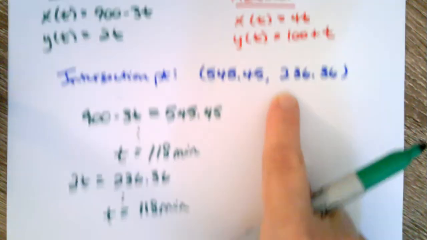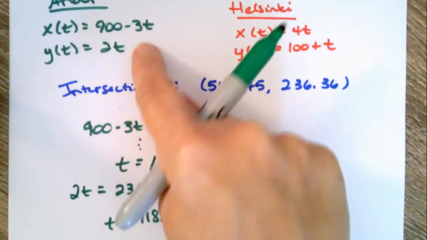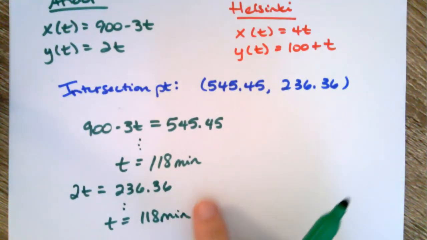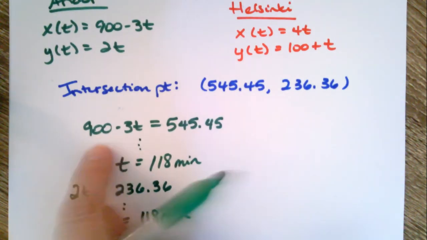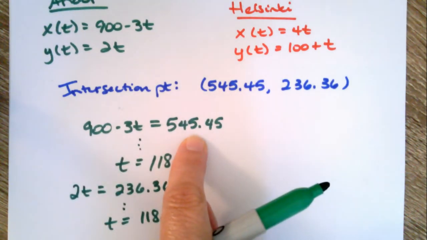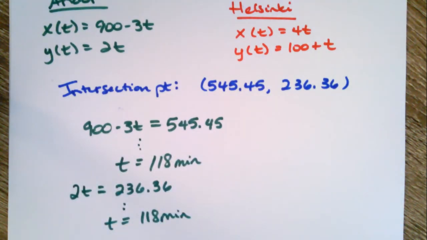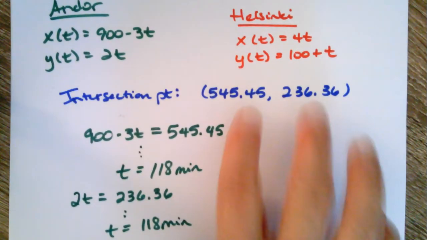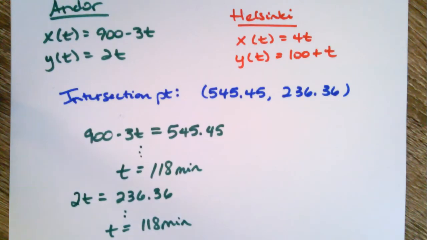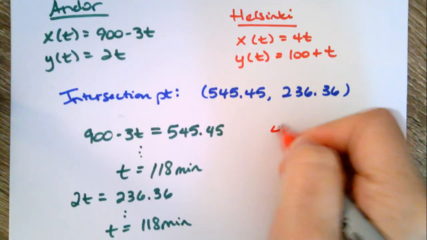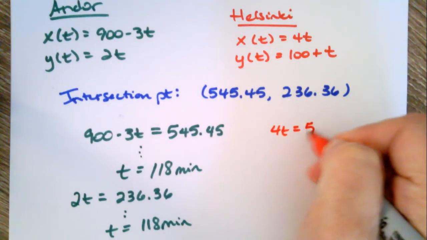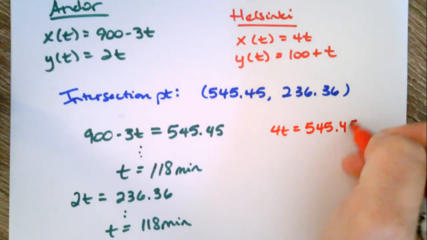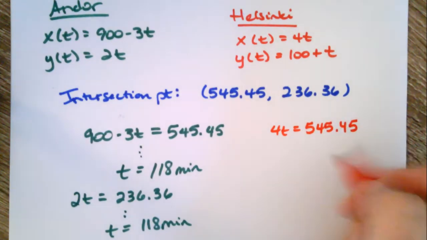If this point is actually on the path that could be represented by these parametric equations, then time should come out to be the same for each of the equations being set equal to its corresponding coordinate. And so this tells me that it takes the Andor 118 minutes to reach that intersection point. Now, if we do the same thing for the Helsinki, 4t is going to be equal to that x coordinate of 545.45.